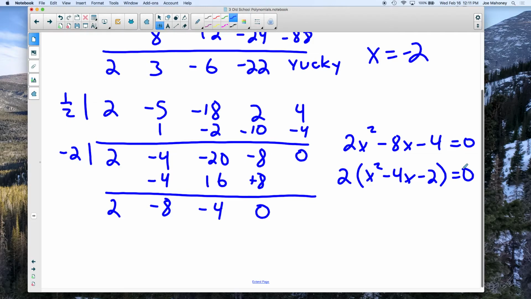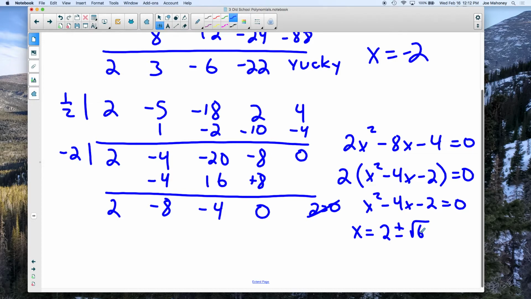Okay, so now I'm thinking these two terms have to be multiplied and equal to 0. So that means that either x squared minus 4x minus 2 equals 0, or 2 equals 0. Well, 2 doesn't equal 0, so I'm going to forget about that. If I solve this, and I'll let you do the quadratic formula for it, I believe we get answers to be x equals 2 plus or minus the square root of 6.